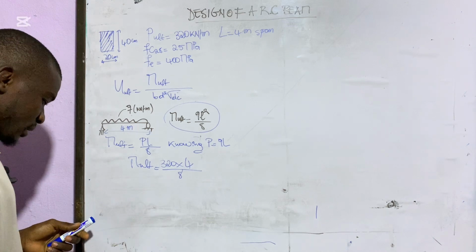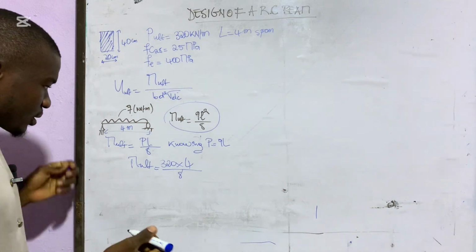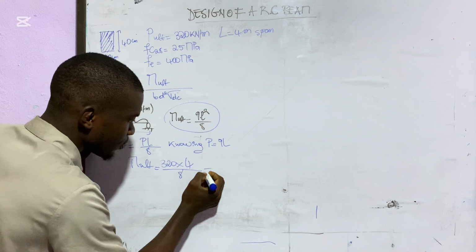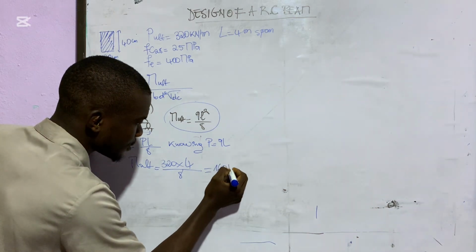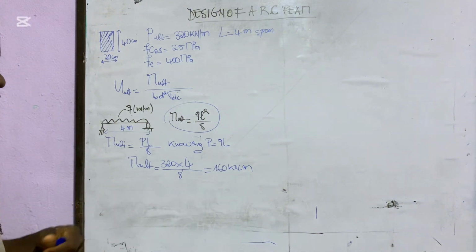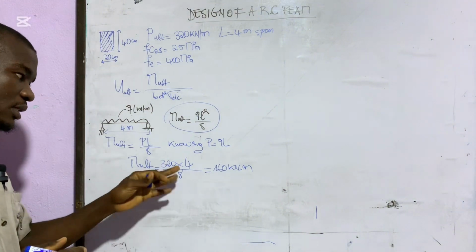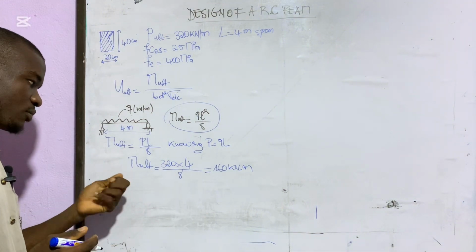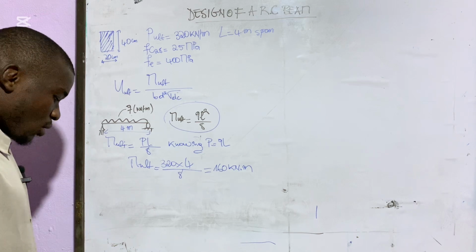It will give us 160 kilonewton meter. This is our M ultimate, in other words, our maximum bending moment, or the ultimate moment.